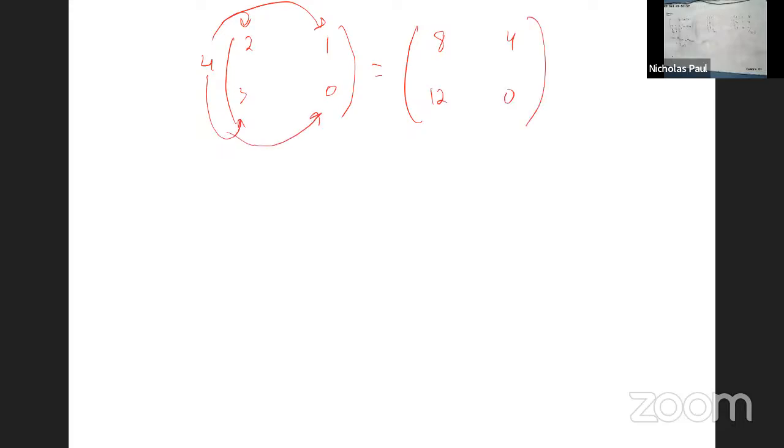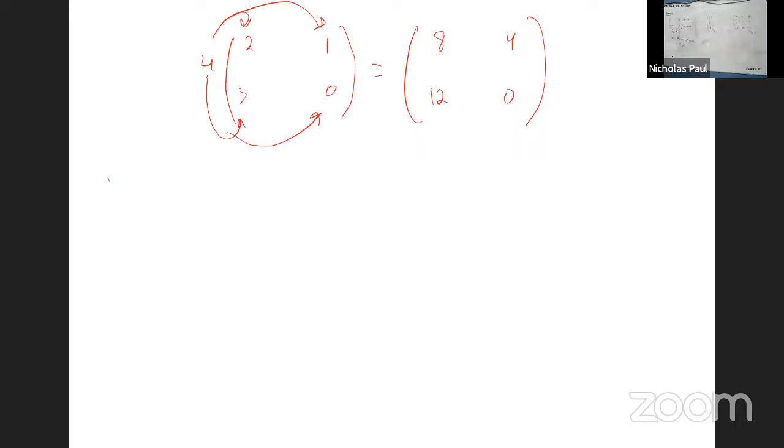If you have 4 times 2, 1, 3, 0, you're multiplying 4 by 2, you'll get 8. 4 by 1 gives 4. 4 by 3 gives 12. 4 by 0 is 0. That's okay? Everybody okay with that? Copy it down.